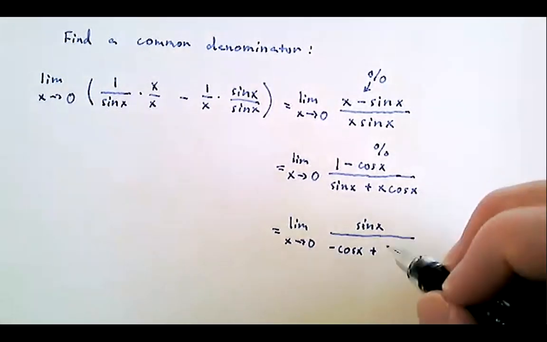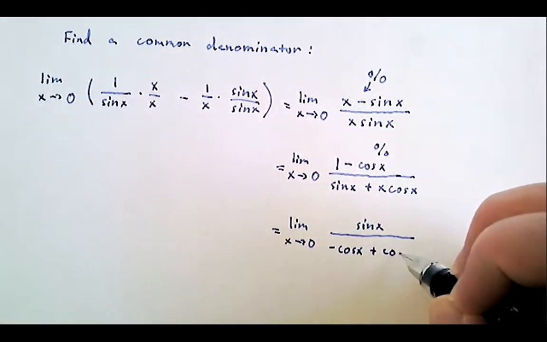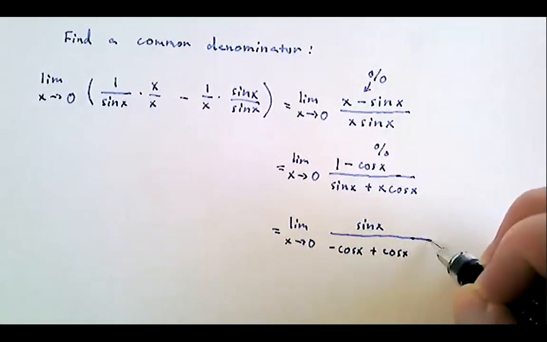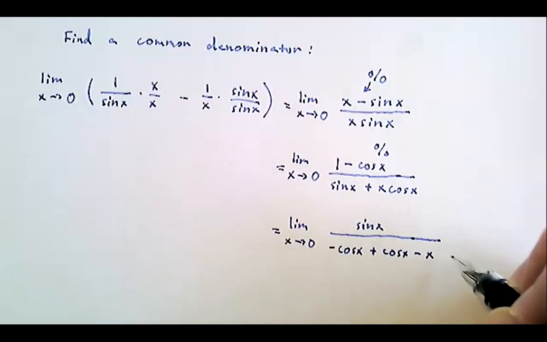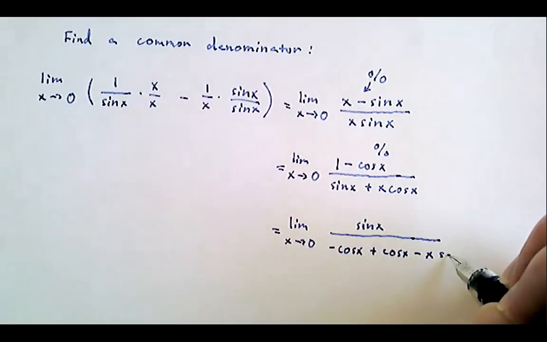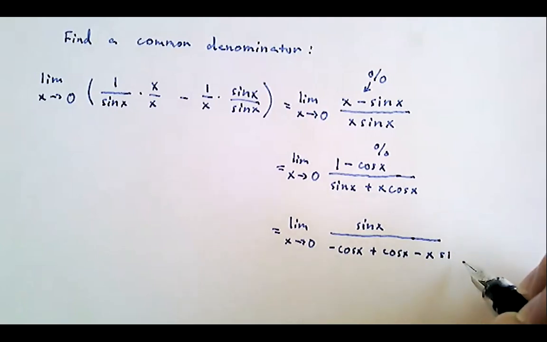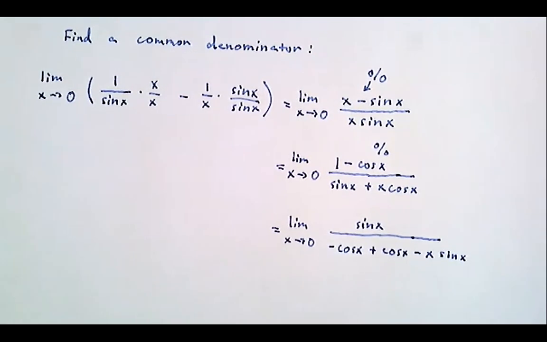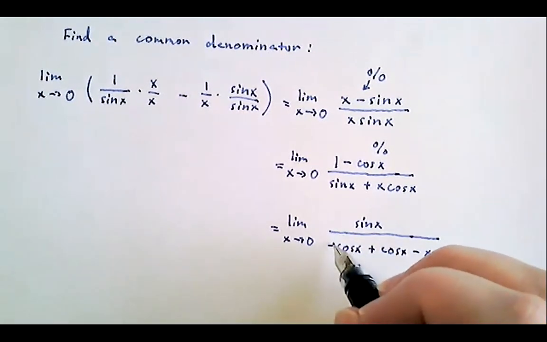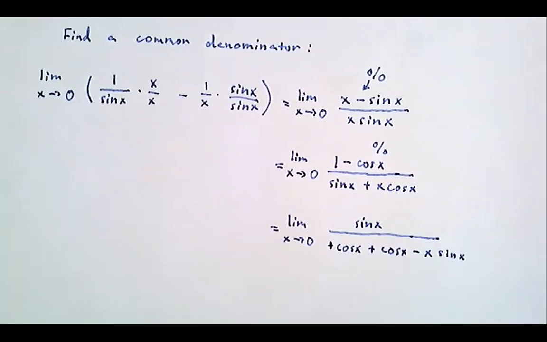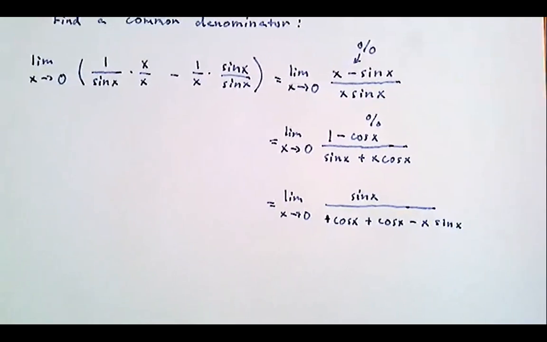We have to do the product rule again, so we get a plus cosine minus x sine x. Let's see. I don't know why I put a minus sign here. The derivative of sine x is, of course, just positive cosine.